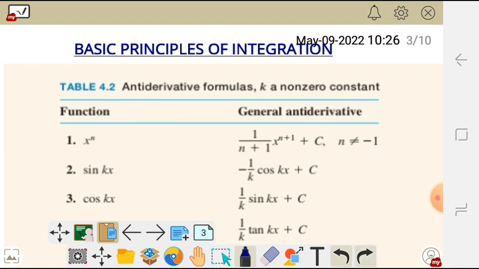The third principle is similar to the second principle. Here it is the cos function. So for a cos function, its antiderivative is sine. If you have a constant, then just say 1 over that constant, then you get the antiderivative of cos, and then plus c. So the trigonometric function antiderivatives are all similar.